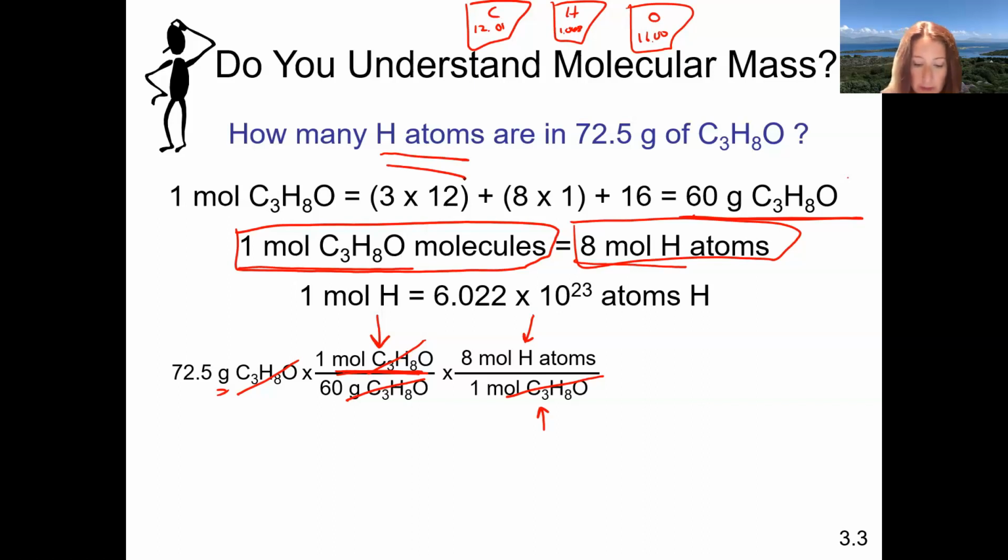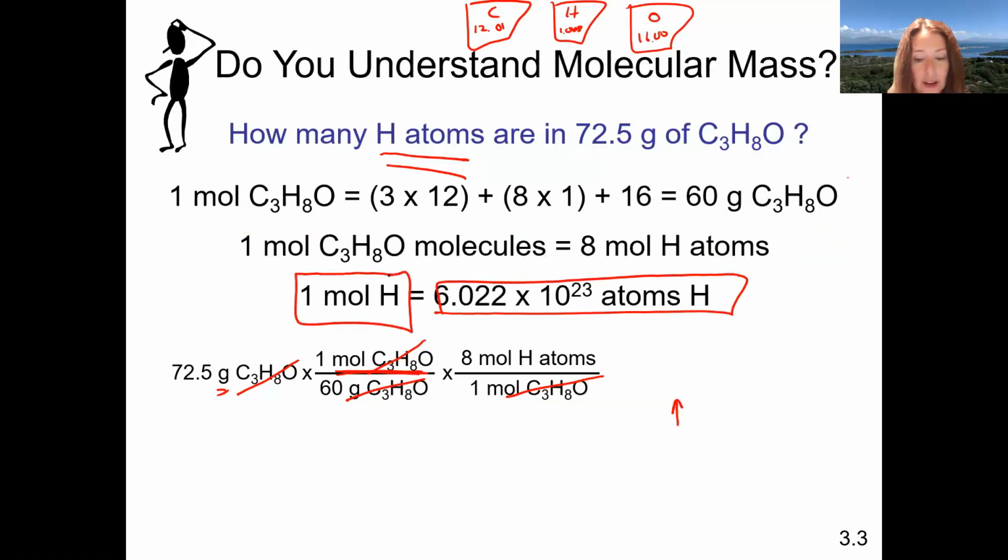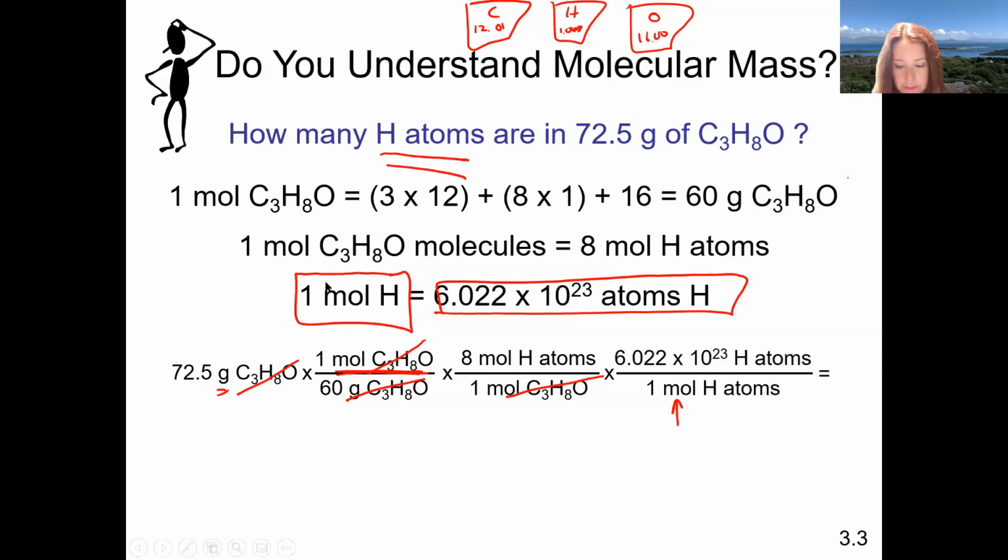So we have to keep going. We put moles on the bottom and atoms on the top, because we want atoms. Our units all cancel, and we follow our units.